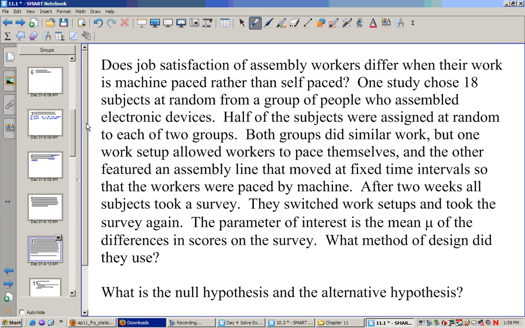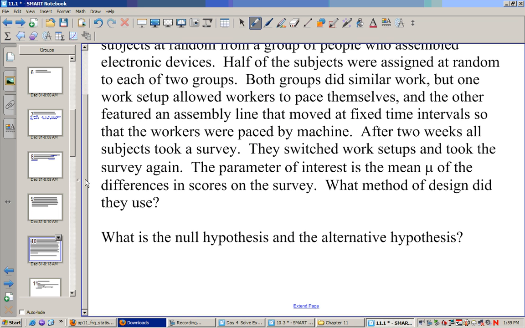After 2 weeks, all subjects took a survey. They switched work setups and took the survey again. The parameter of interest was the mean of the differences in the scores. What method is this? This would be a matched pairs design, where both get the treatment and the control.